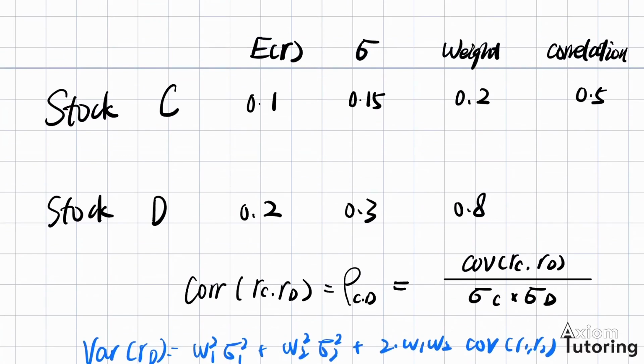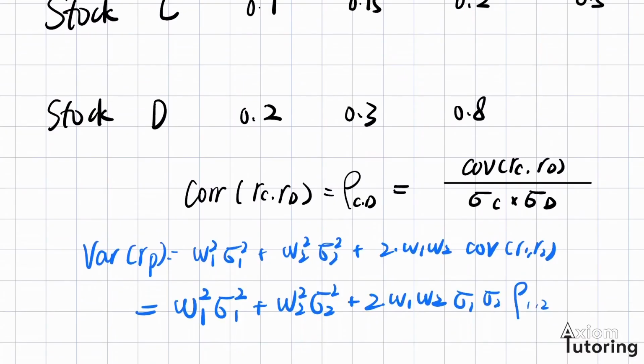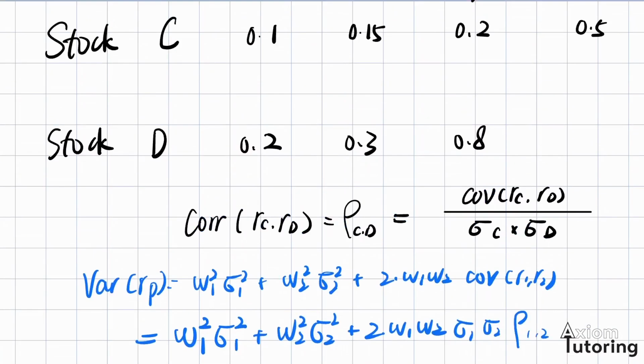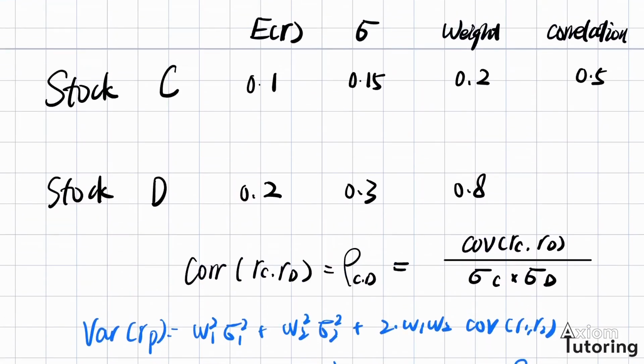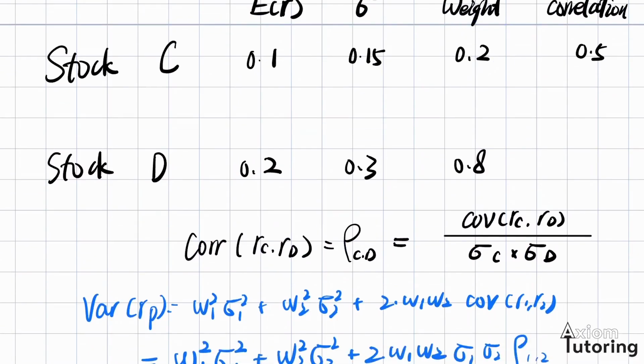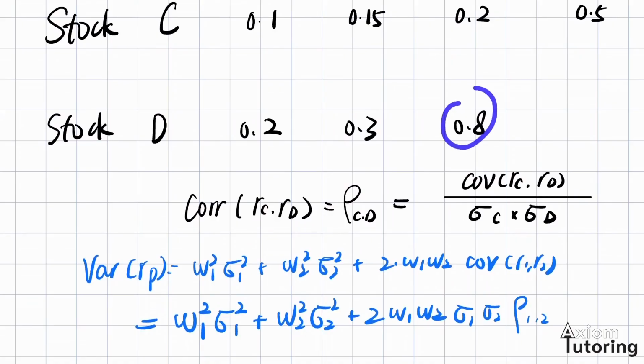If we plug in the numbers and calculate the variance for this portfolio, I've used slightly different numbers here, so they're no longer equally weighted. You will see the difference here. It's going to be 0.2 and 0.8 for the weights.